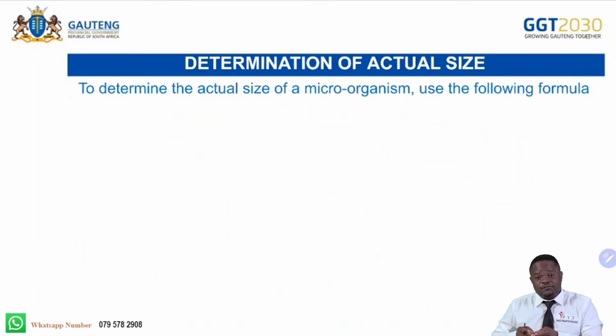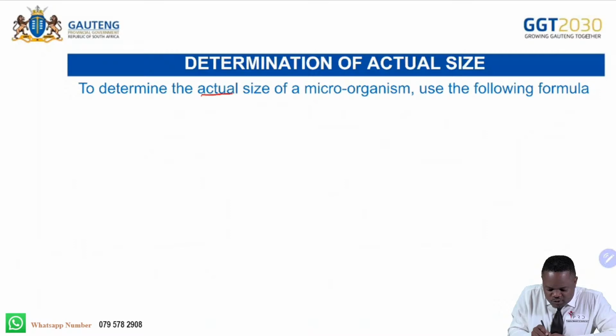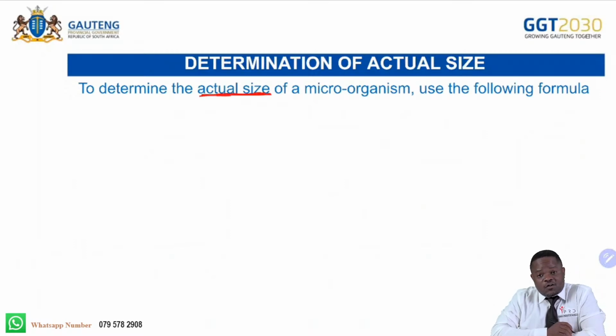From that micrograph, you should be able to determine the actual size. So we get an enlarged image, which is magnified, and from that magnified image, we should be able to get the actual size. Are you getting it, grade 8? The actual size of our microorganism.